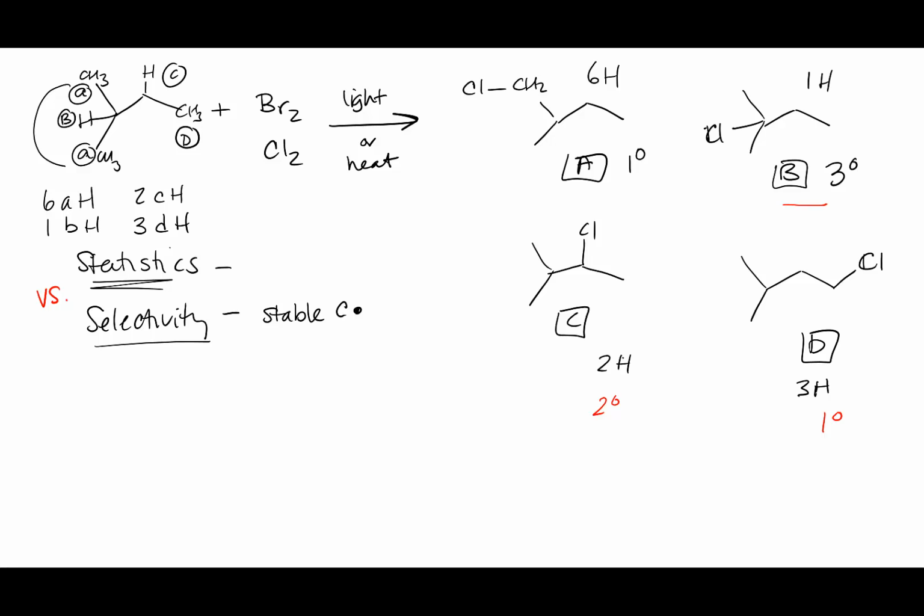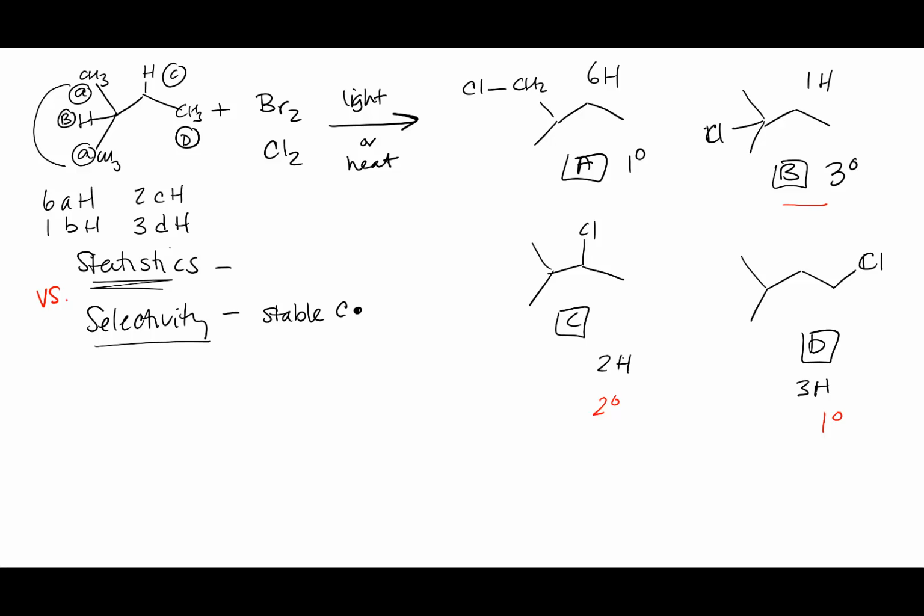The problem is selectivity is never totally in charge. But I can make statistics totally in charge. So how do we juggle these two things that are really fighting against each other? That's how I'm going to have to predict the major product.